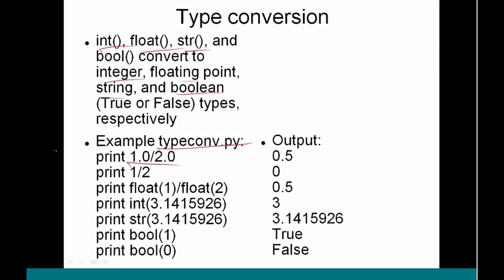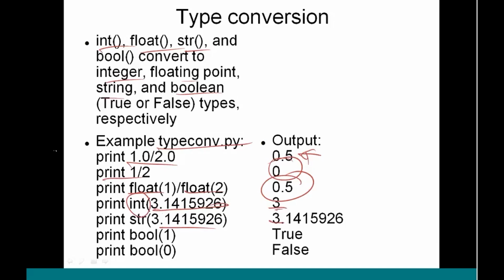If you print 1.0 by 2.0, the output is 0.5. Print 1 divided by 2, they are integers, so the output is 0. You can also specifically mention float 1 divided by float 2, and the result is 0.5. And now you can convert this floating point into an integer by simply operating on it as an integer, and then the result is just 3.